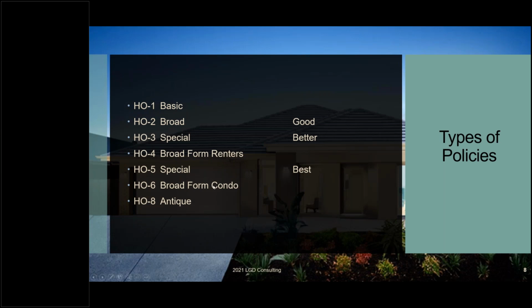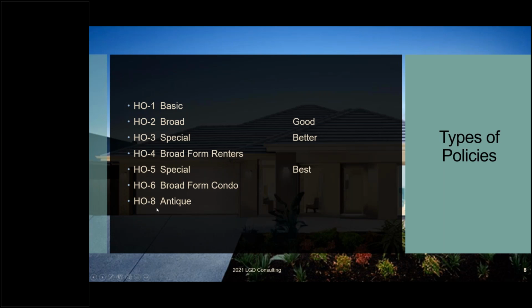The difference between HO6 and HO4 is that with an HO6, you own the interior unit. So you need coverage for the interior structure, the kitchen cabinets, the bathtub. Whereas with a tenant's or renter's policy, you don't need structures coverage because you don't own the structure. That's the primary difference between those two.